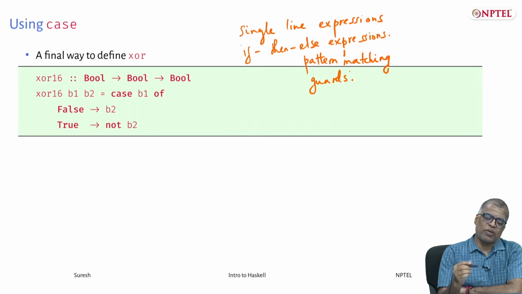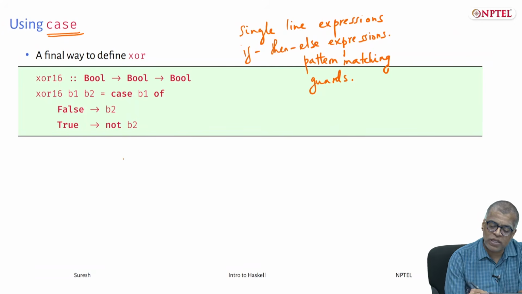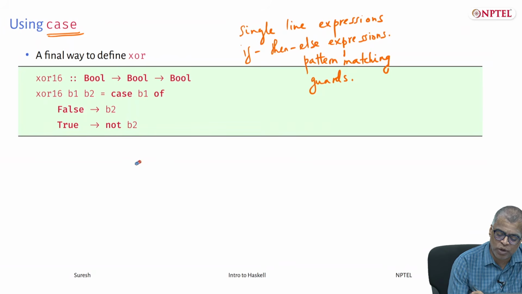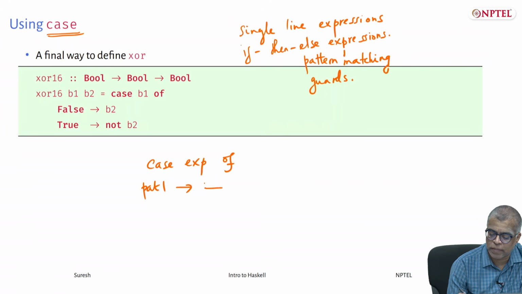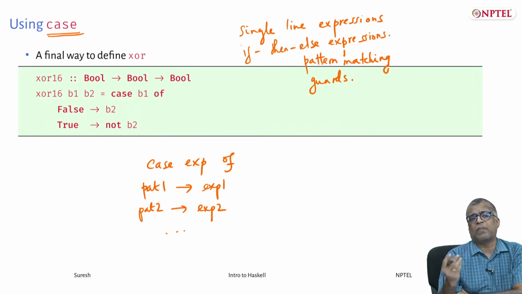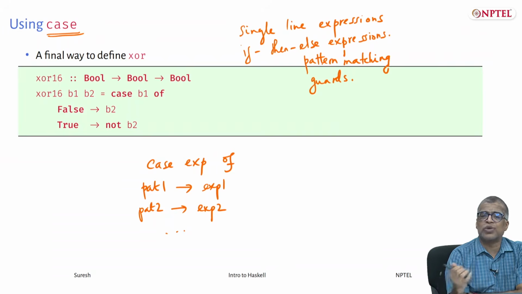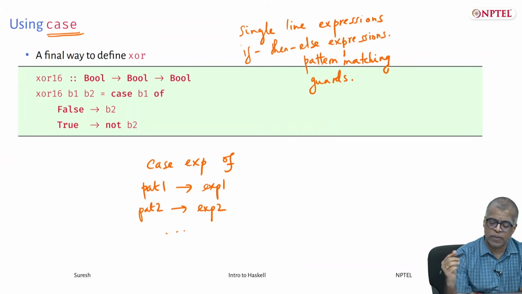But here is another way of defining functions, which is to use the case expression. Case expression of pattern 1, you do something, expression 1. So the difference between pattern matching and guards is that in pattern matching you can only provide patterns, which are some very specific expressions, whereas in guards you can actually give complicated Boolean expressions.